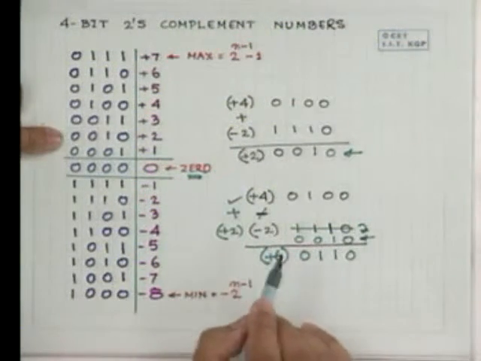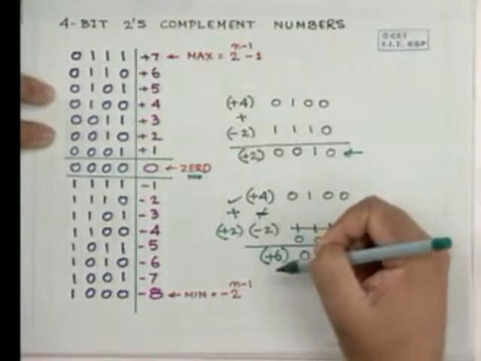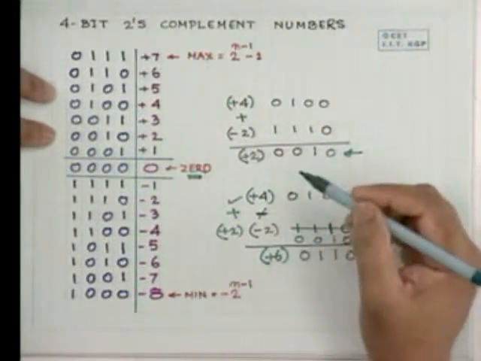Therefore, what you need to add and subtract is not an adder-subtractor, but simply an adder with a provision of finding the 2's complement representation of a number. If we have it, in that case, subtraction is no more necessary, only addition is necessary to do addition and subtraction both.